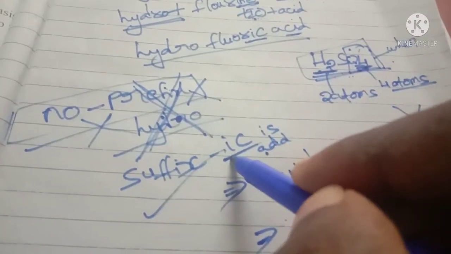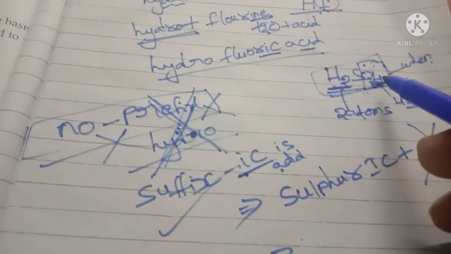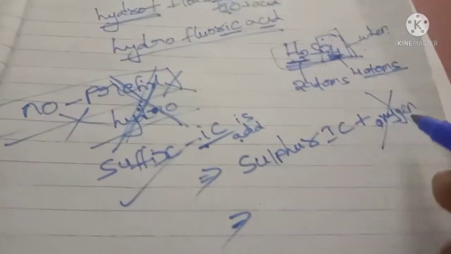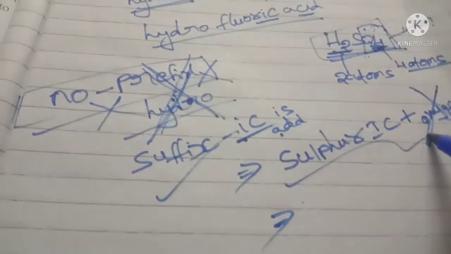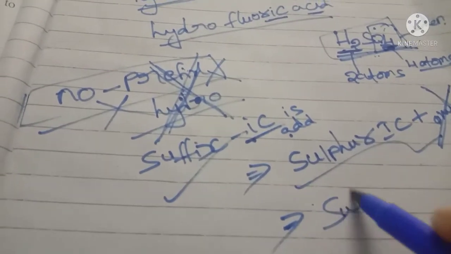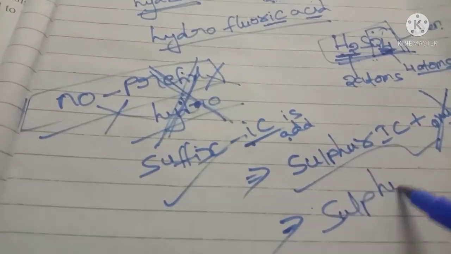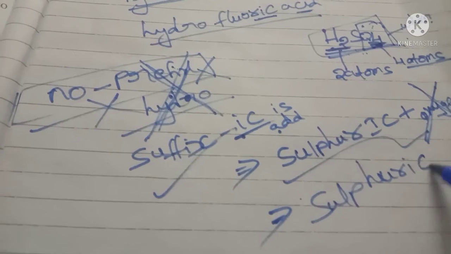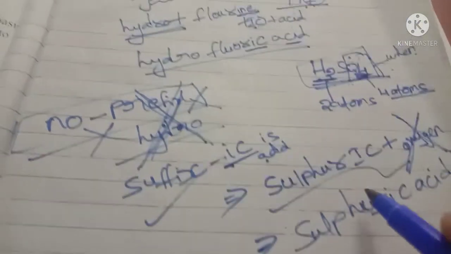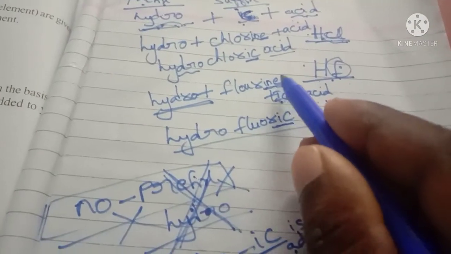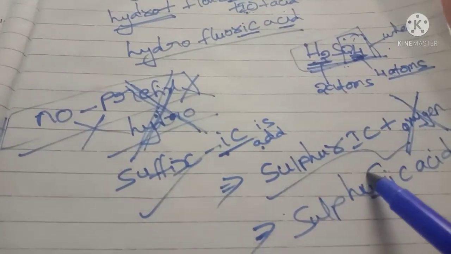Suffix ic is added, and remove the third element. So third element oxygen we are not considering, so only sulfur. So sulfuric acid. In the previous case, fluorine is there, so we removed ine. Here, shall I remove ur or not?